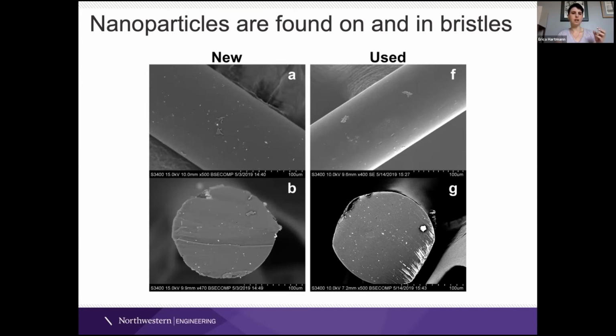These are, again, electron micrographs where what you're looking at is individual toothbrush bristles, both the side and a sort of transect. And all of the shiny spots are metal nanoparticles. You can see that some of the nanoparticles are on the surface, but a lot of them are actually in the interior of the bristle. And I think this has to do with the manufacturing process, where they actually mix the polymer and the nanoparticles and then extrude them together.